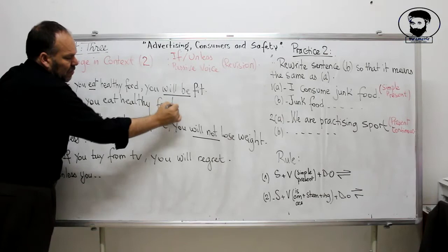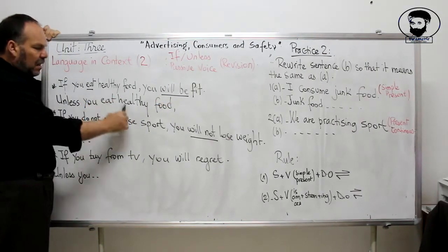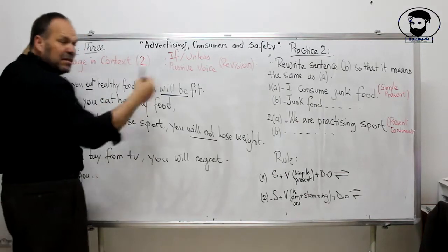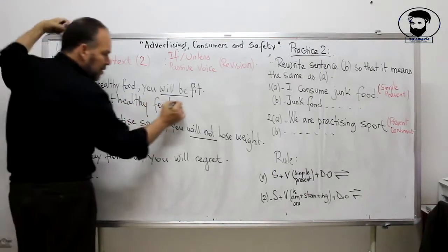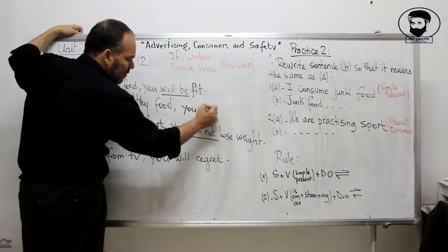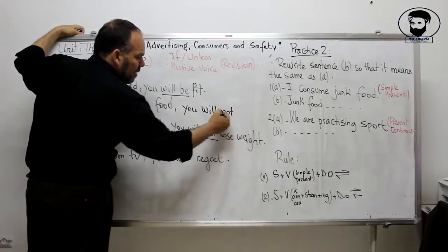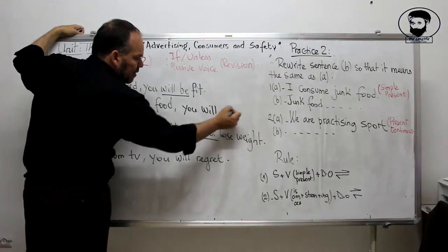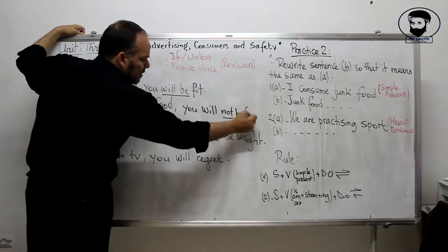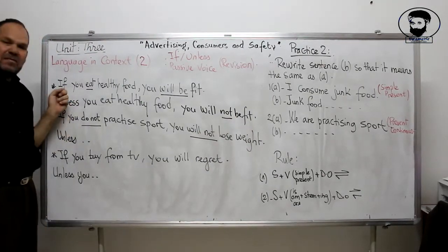This is the first form of the sentence. Unless you eat healthy food, what's the difference now between unless and if? Please follow this. You will not be fit. This is the difference between unless and if.